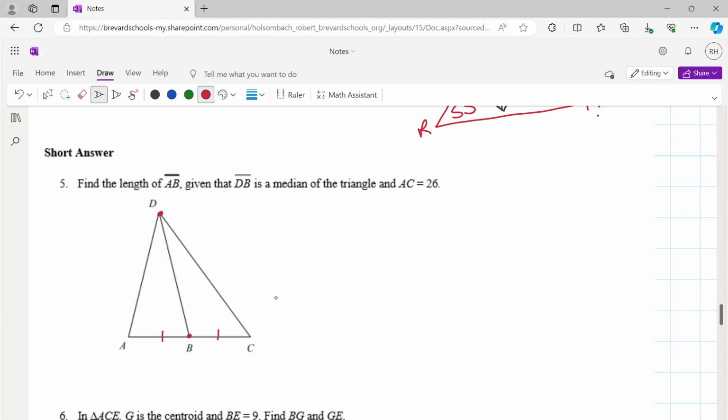You're told that AC is 26, so this piece is 26. And you need to find the length of AB. So AB equals 1/2 of 26. And half of 26 is 13.